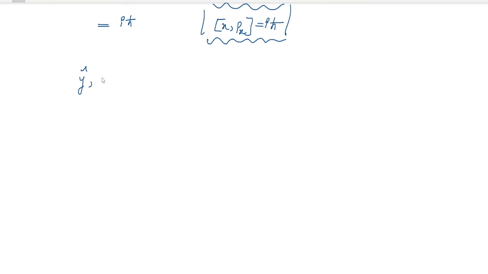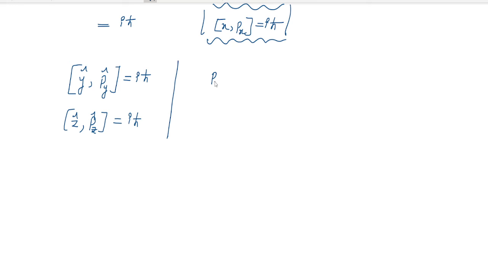If you take the y component along the y component of momentum, equal to iħ, and the z component along the z component of momentum, you get iħ. For the reverse of these components, if you take px comma x, commutation algebra, you get minus iħ; py comma y, minus iħ; pz comma z, you get minus iħ.